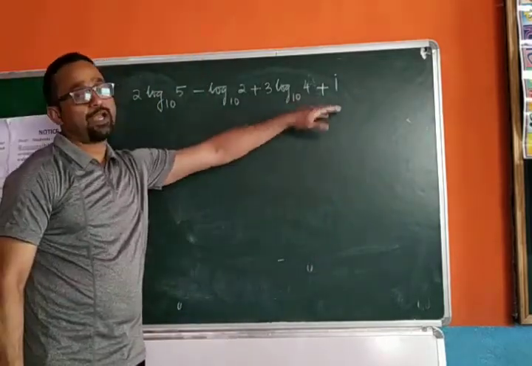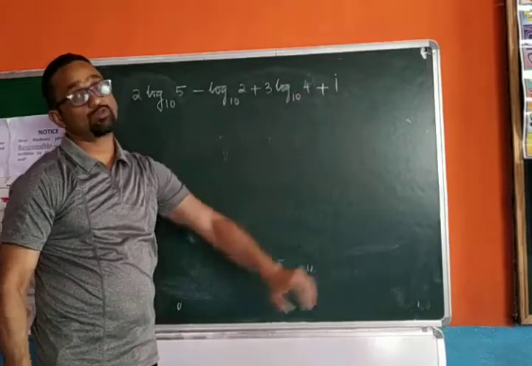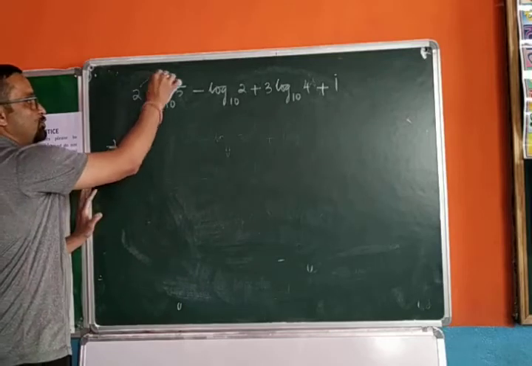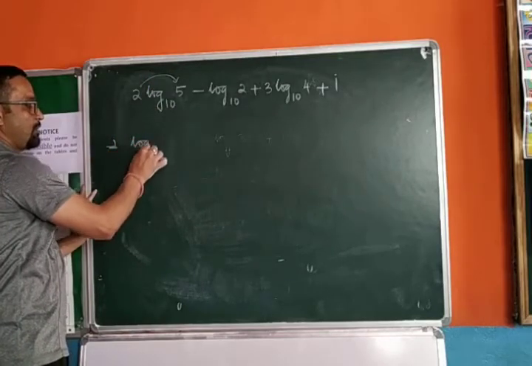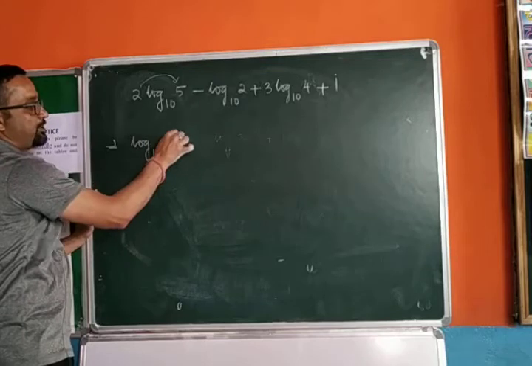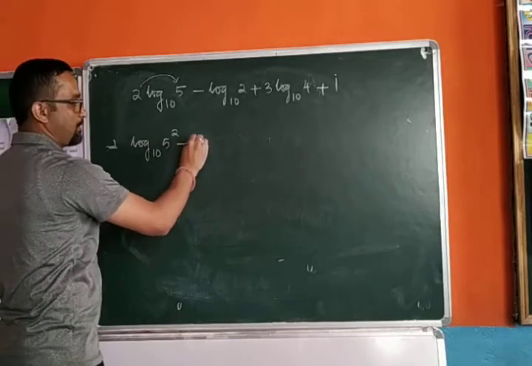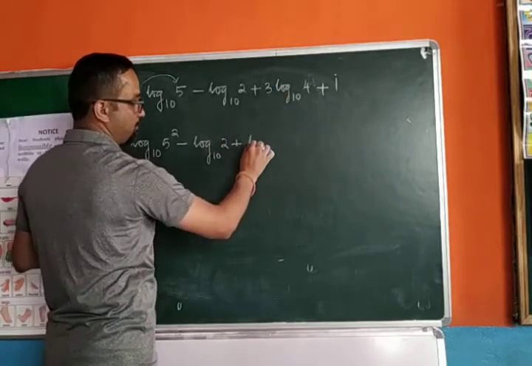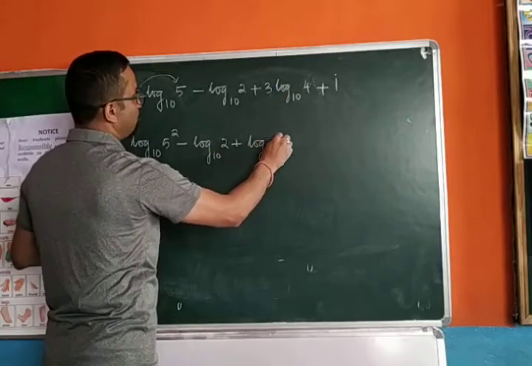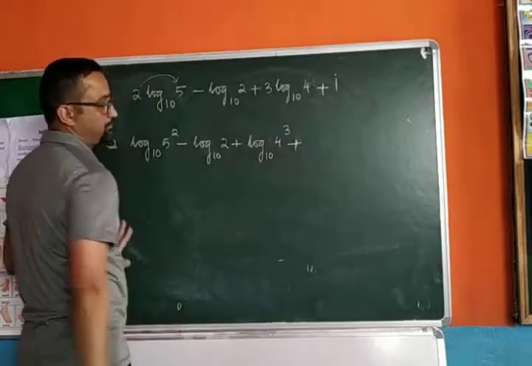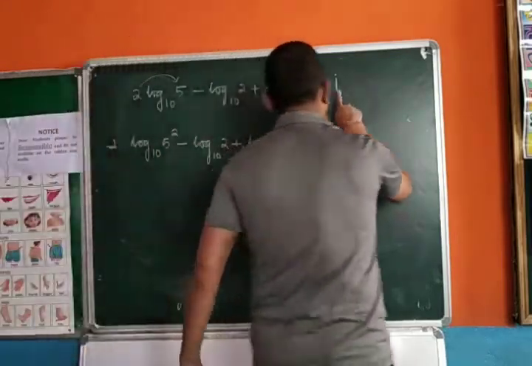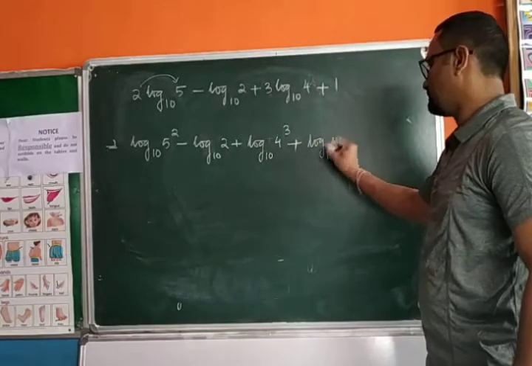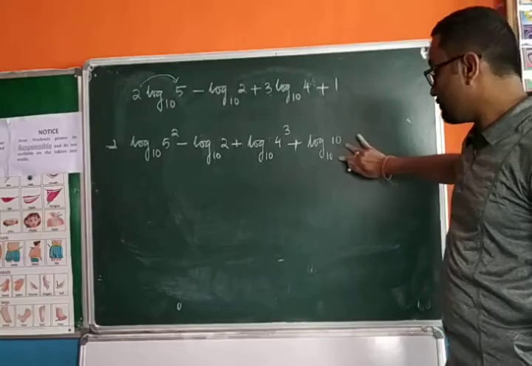You cannot simplify it directly until you change this one in terms of logarithm. 2 goes to the exponent, log base 10 of 5 to the power of 2, minus log base 10 of 2, 3 goes to the exponent, log base 10 of 4 to the power of 3, plus 1 can be replaced by log base 10 of 10. 1 is equivalent to this.